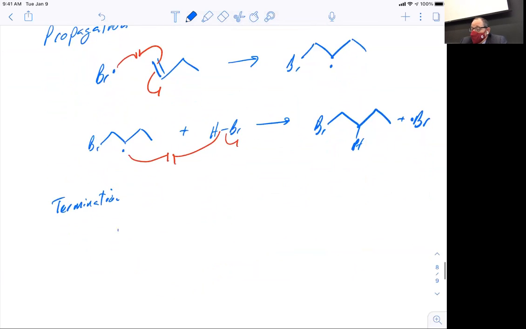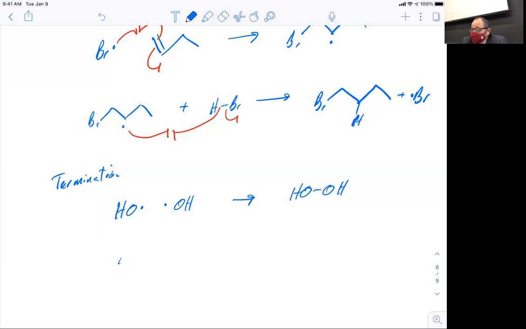And termination is any 2 radicals, right? So we could have terminated right off the beginning. And I'll show the half barbed arrows in a second.